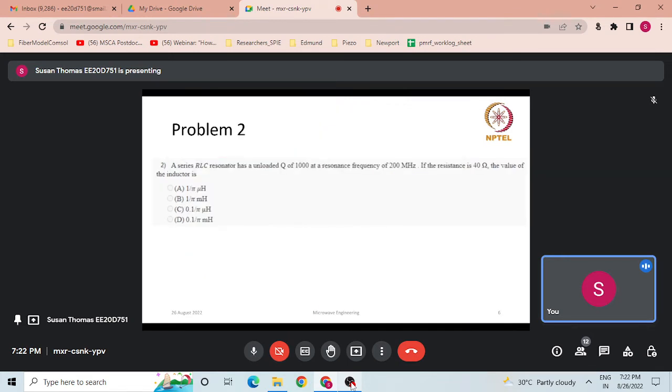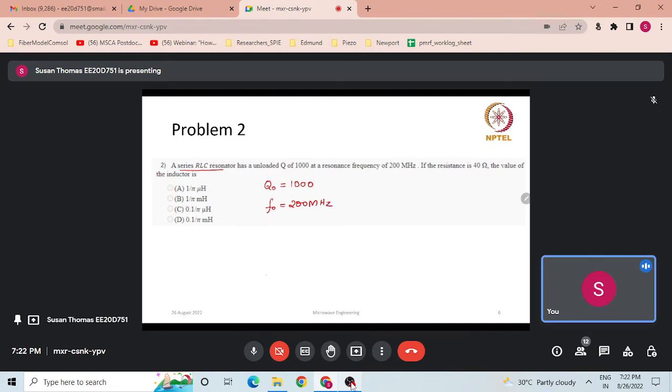Okay, let's see the next question. A series RLC resonator has an unloaded Q factor of 1000 at a resonant frequency of 200 megahertz.